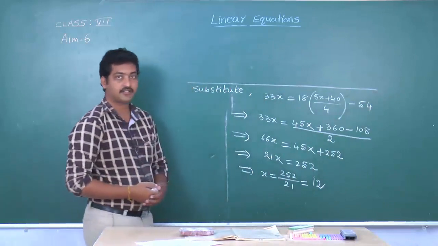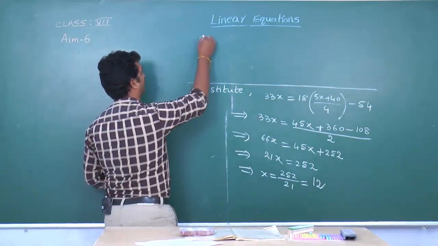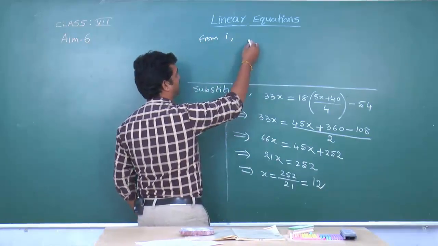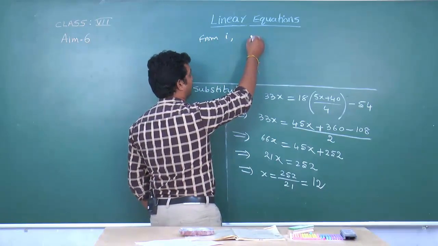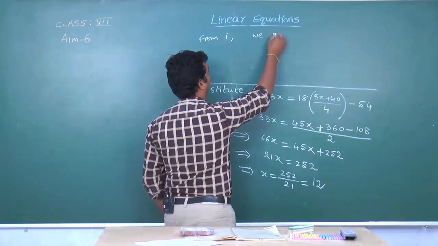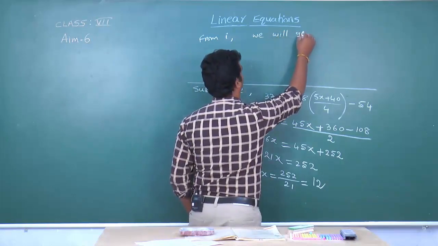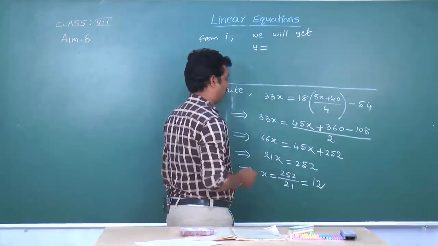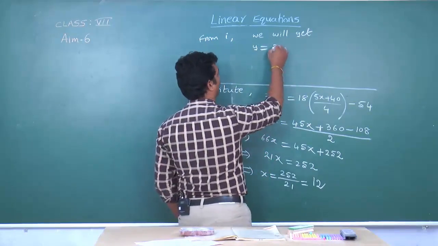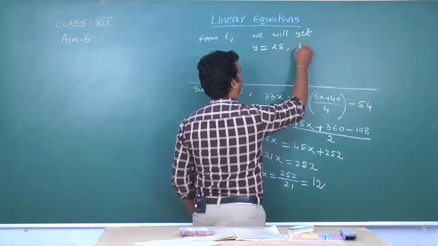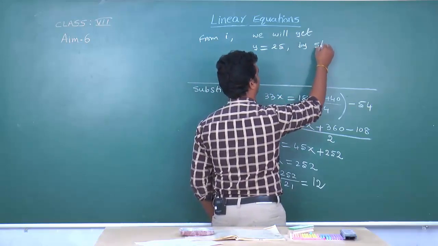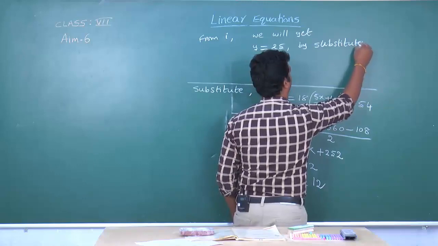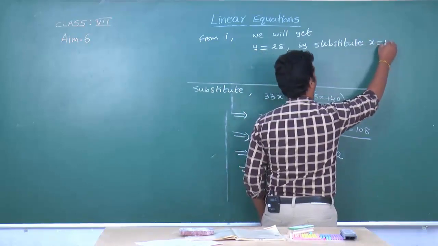If x is equal to 12, from 1 we will get y is equal to 25, by substituting x is equal to 12.